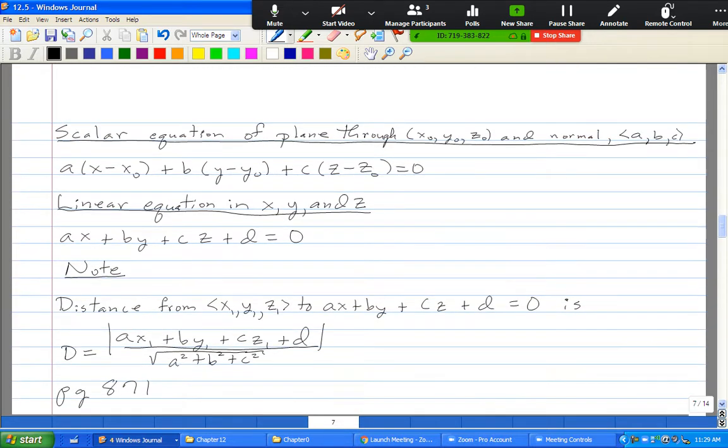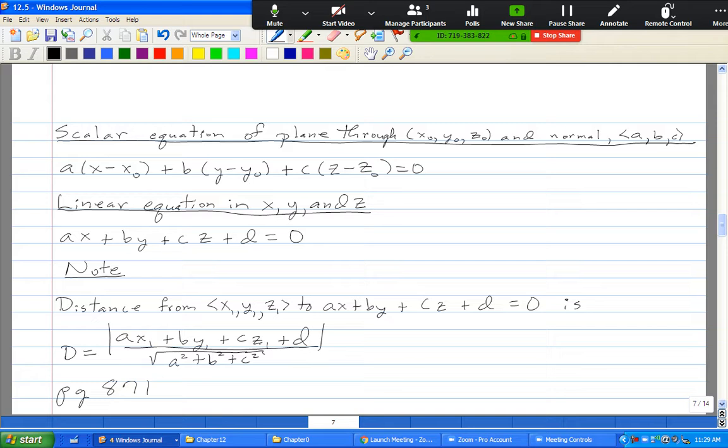So note, analogously, when we had the distance from a point in the plane to a line, we had the distance equaling something looking almost identical to this.